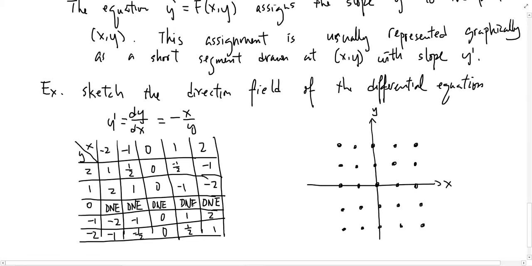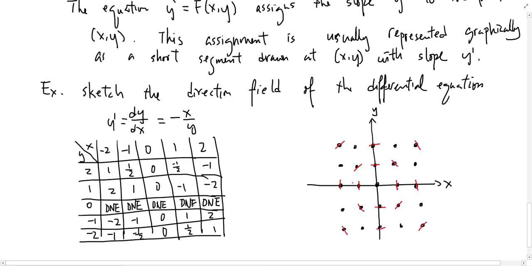So now, what is the slope field going to look like? The slope field will look something like this. These are 0, so I'm going to draw a horizontal line. The ones that do not exist, we actually interpret as a vertical line. And the next ones I want to do are the ones. The ones are easy because it's 45 degrees. So positive 1 will be 45 degrees going up, and negative 1 would be 45 degrees going down.